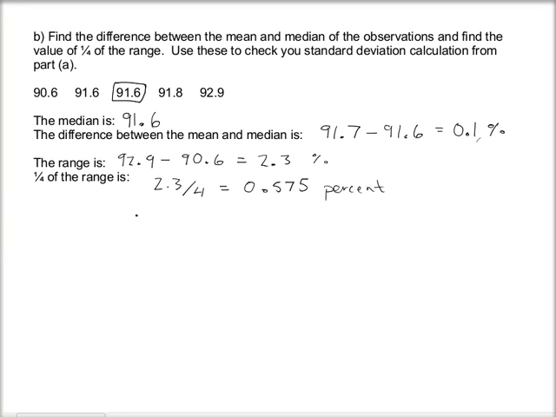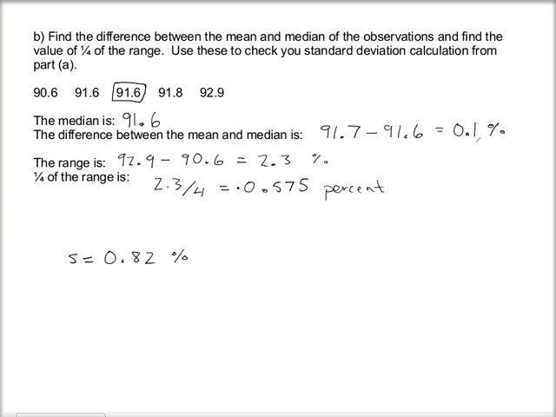So let's use that to check what we found before. We found our standard deviation S to be 0.82%. And that is larger than the difference between the mean and the median, which it should be. And it's pretty close to a quarter of the range.